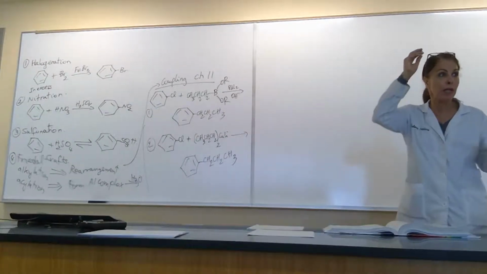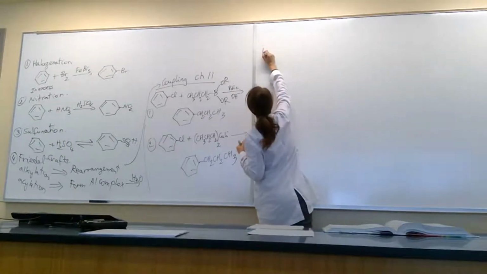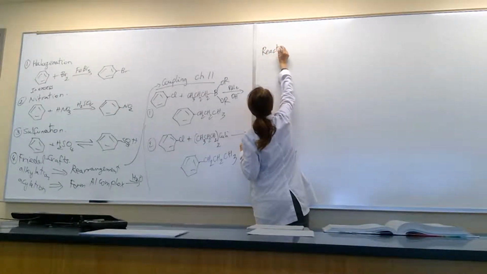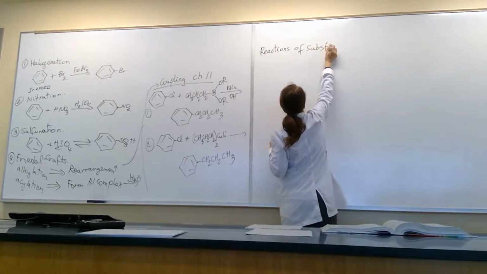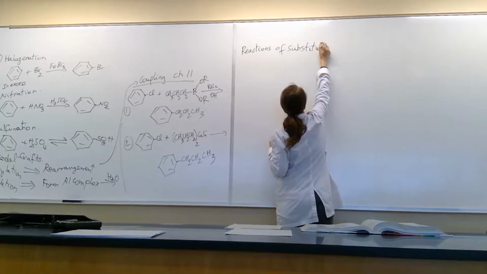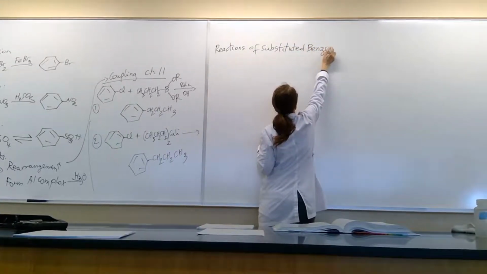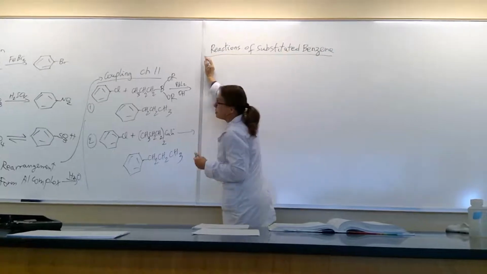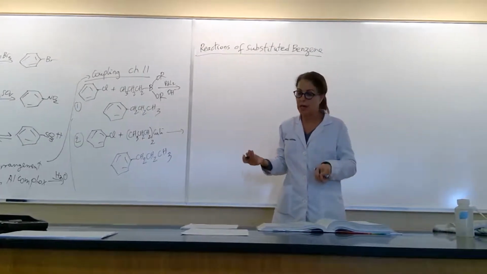So I'm going to give you a list of them. Here are reactions of substituted benzenes. What is a substituted benzene? It's a benzene with a substituent. It's not just benzene, it has something on it.